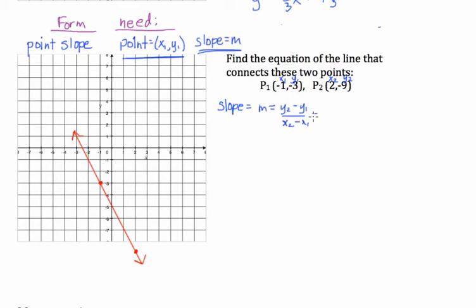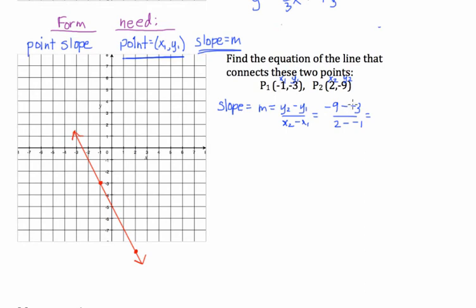We'll sub those in. So y2, it's -9, a minus from the formula, and y1 is -3. I have two minus signs because I have one from the formula and one from the -3 that I subbed in. x2, it's 2, minus x1 is -1.